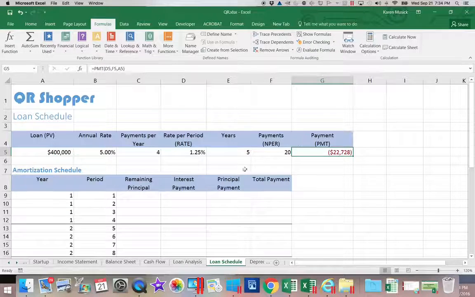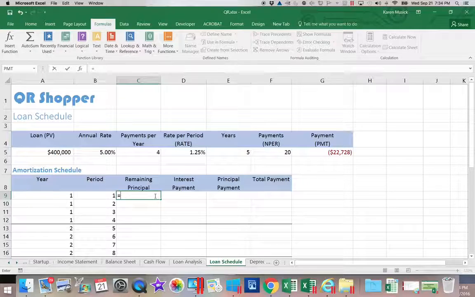So we are going to come here into C9, and we're going to say equals the present value. That is the amount of the remaining principal when I get ready to make this payment.